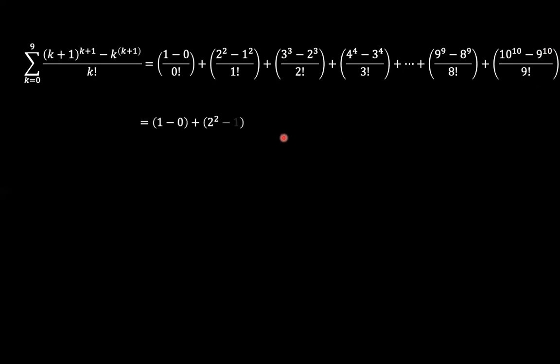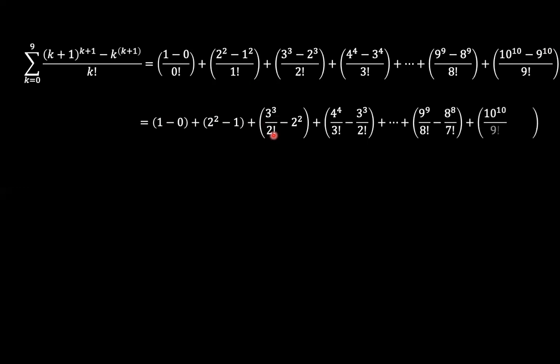So this means that this is 1 minus 0, since 1 factorial is 1 and 0 factorial is 1. Then 2 to the power 2 minus 1, then 3 to the power 3 divided by 2 factorial, minus 2 to the power 3 divided by 2 factorial.